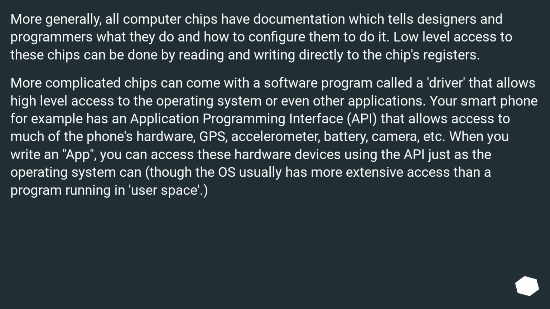Your smartphone, for example, has an application programming interface, API, that allows access to much of the phone's hardware: GPS, accelerometer, battery, camera, etc. When you write an app, you can access these hardware devices using the API just as the operating system can, though the OS usually has more extensive access than a program running in user space.